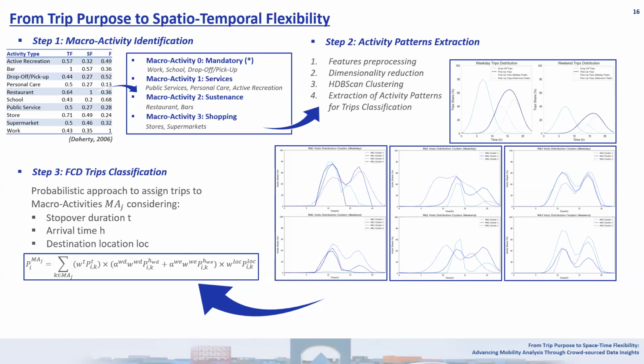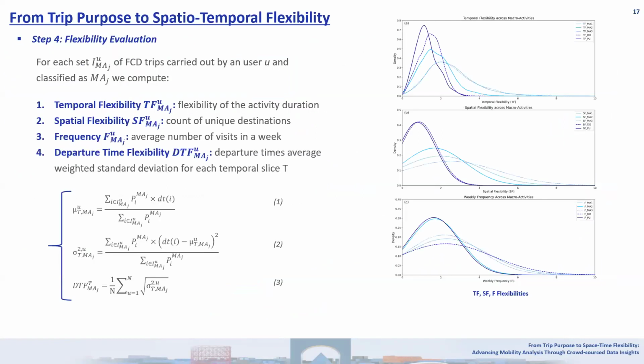Remember that each macro activity needs a specific flexibility in time and space. This is fundamental because I can then associate to each sample matrix for each macro activity some important information about my travel demand that are, for example, the departure time flexibility.